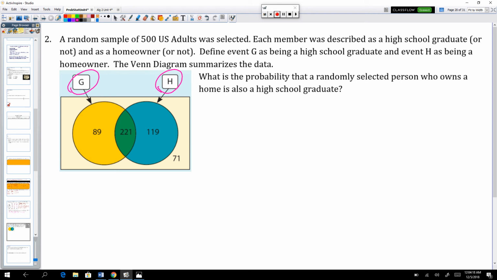Now, I don't love the phrasing of this question, and we are going to try our best to phrase these a little better on quizzes and tests. But what it's trying to ask you in this question is, what is the probability of selecting a graduate given they own a home?